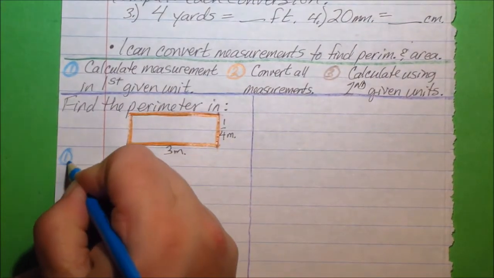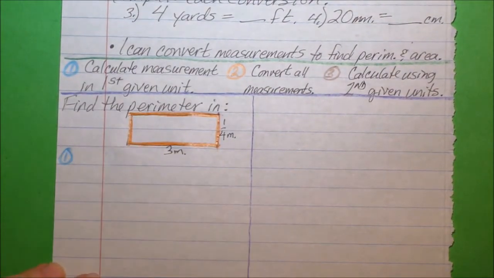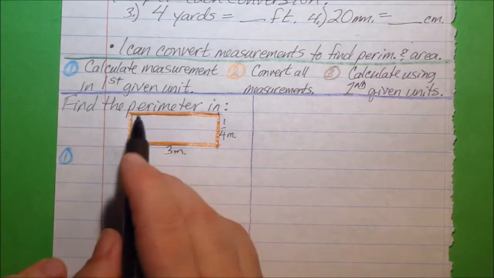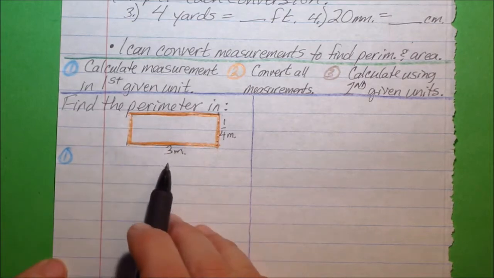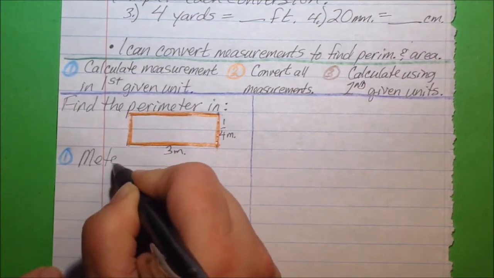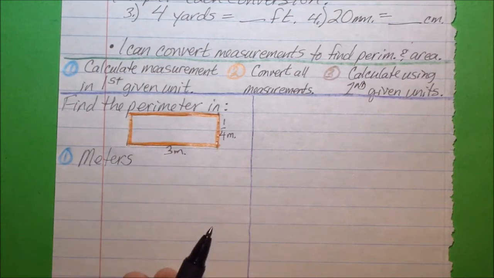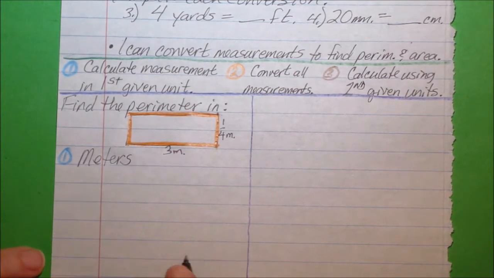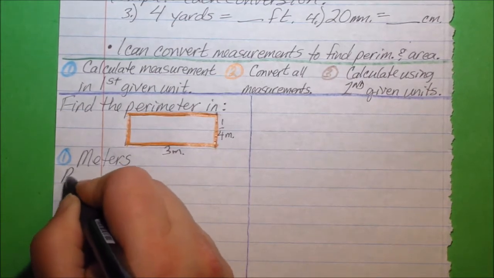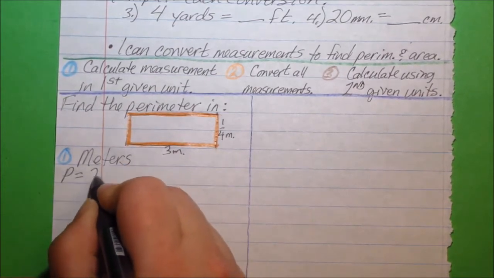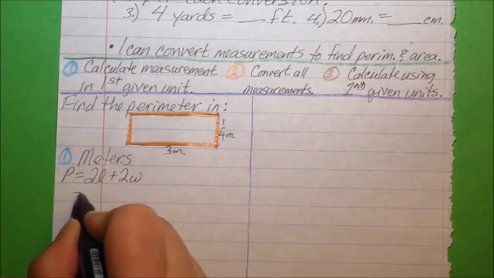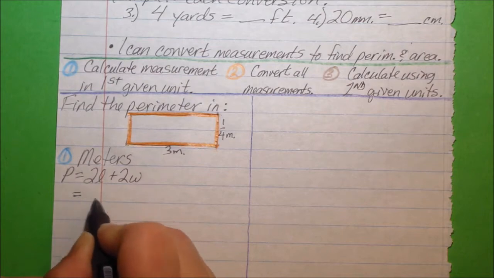All right, so step one is we're going to calculate the measurement in the first given units, and that is in meters. All right. Now we're calculating perimeter. So first step when we're working with measurements always is to write the formula. So P equals 2L plus 2W. So now we fill in known values.